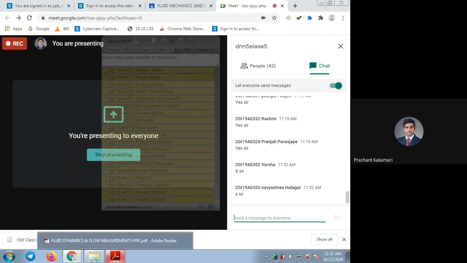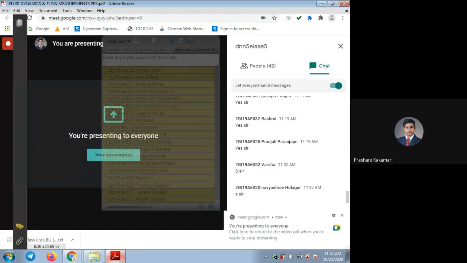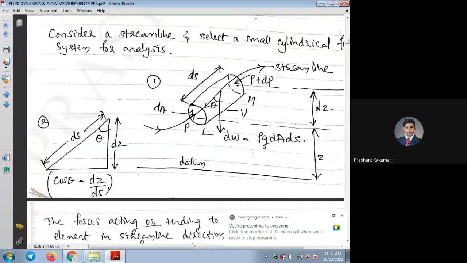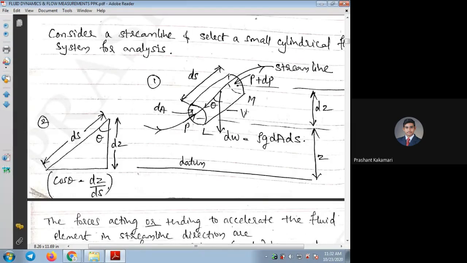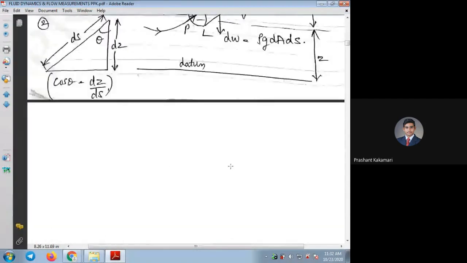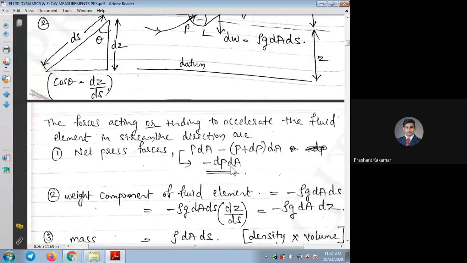Okay, now we'll see how to go by the steps. So again, as per Euler's equation, we need to add the total pressure forces at inlet and outlet plus the gravitational force equal to the total force. So here, the forces acting or tending to accelerate the fluid element in the given streamline are: one is the net force due to pressure.